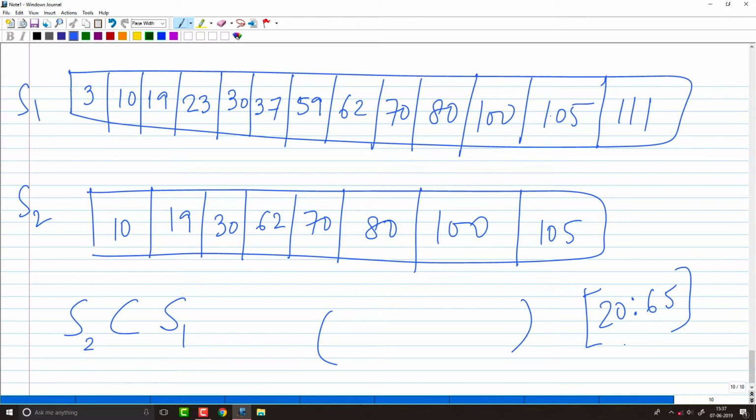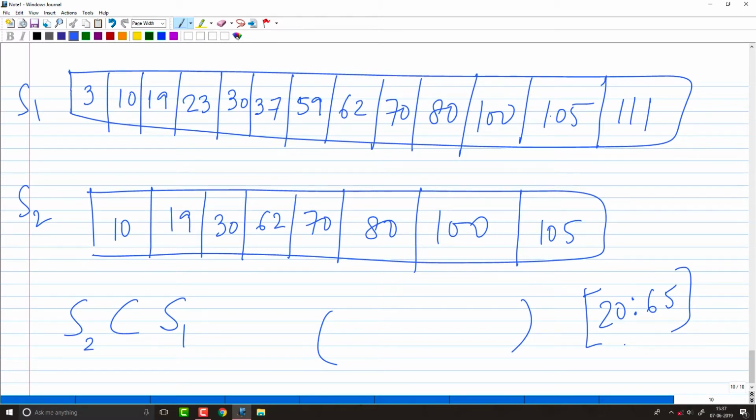So what I can do is two independent searches in S1 and S2. But if I am a little bit intelligent, I know that if I have correctly figured out some values to be lying within this range in S1, then I can manage S2 also in a nice way.